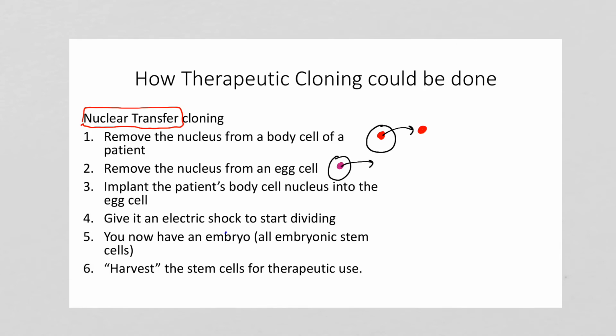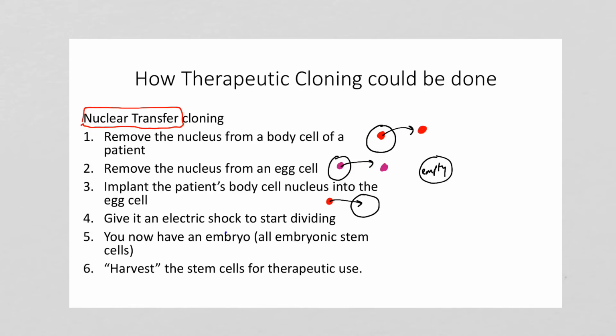And I'm going to get rid of that nucleus. So I end up with an empty egg cell. Then I take the nucleus from the body cell, so from step one, and I put it into the empty egg cell.